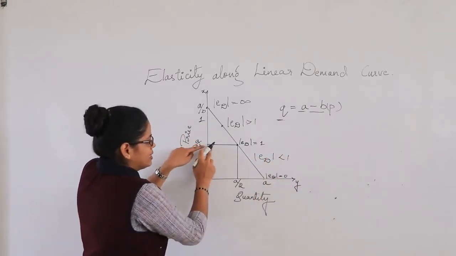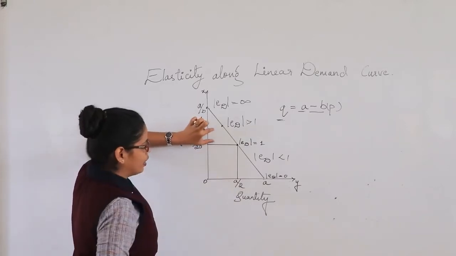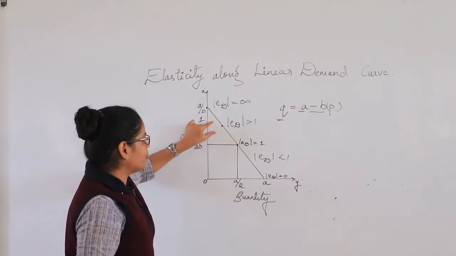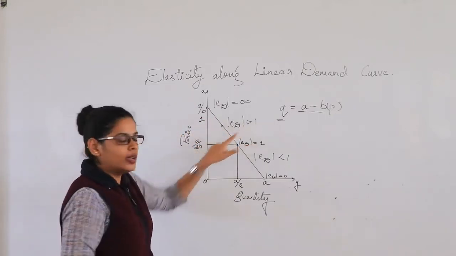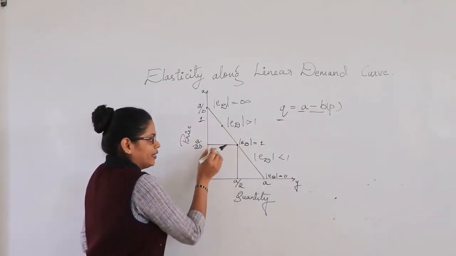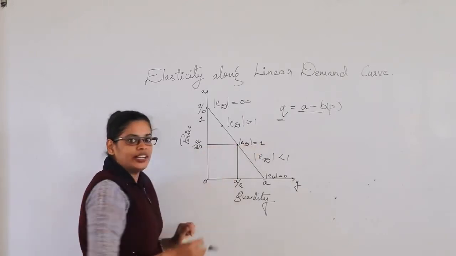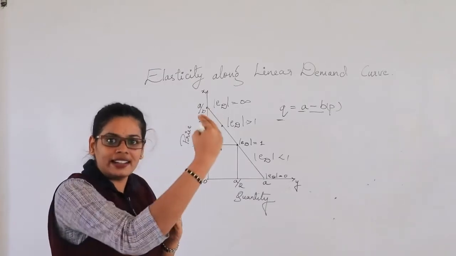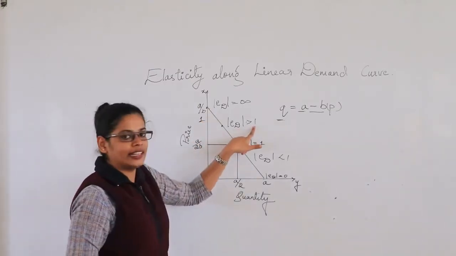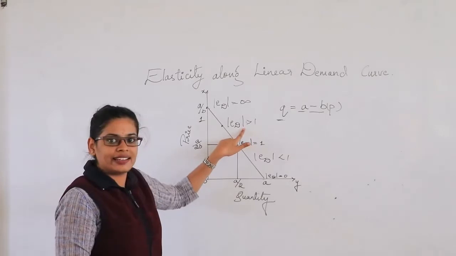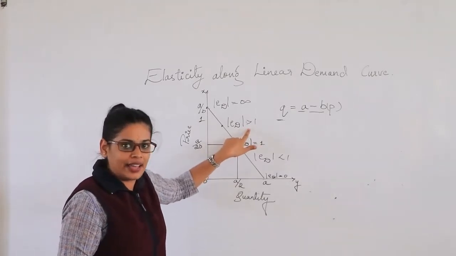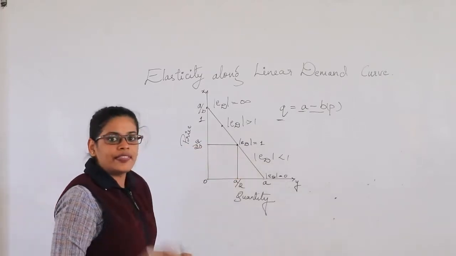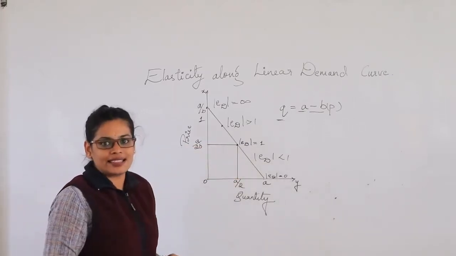When we discussed unitary demand, the prices beyond that region give an elasticity of demand greater than 1, and in the other area the elasticity of demand will be less than 1.